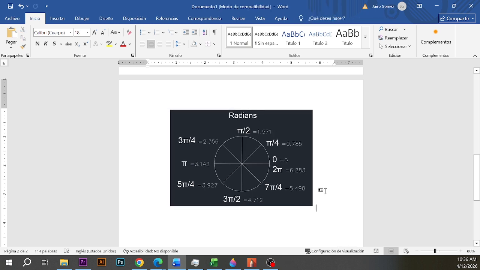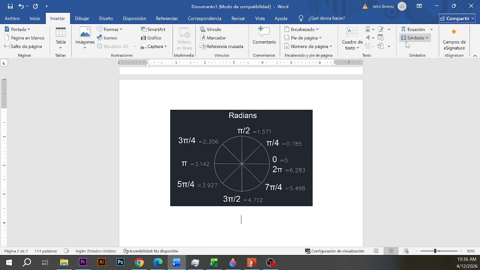So a circle can be placed in either degrees or radians, and as we know, pi is equal to 22 over 7. This was discussed in a previous video, and I will link it in the description of this video.